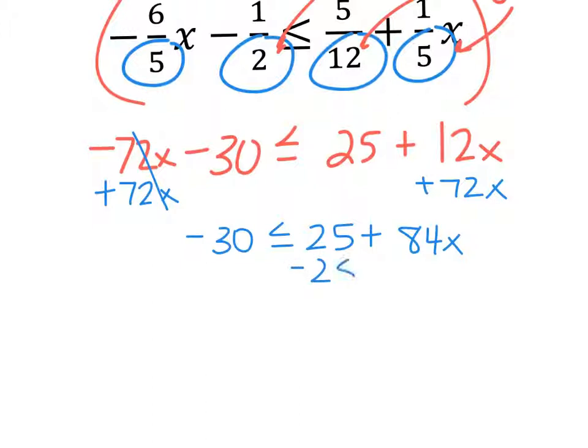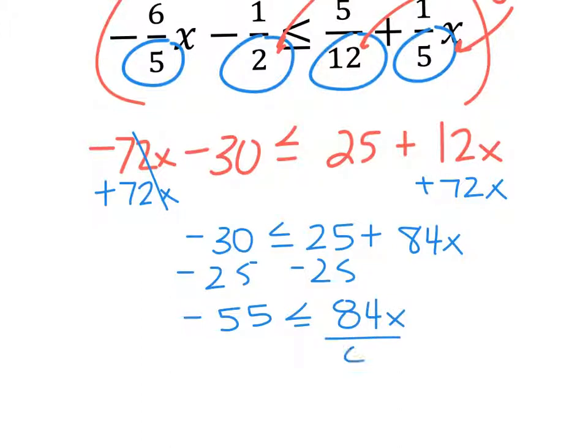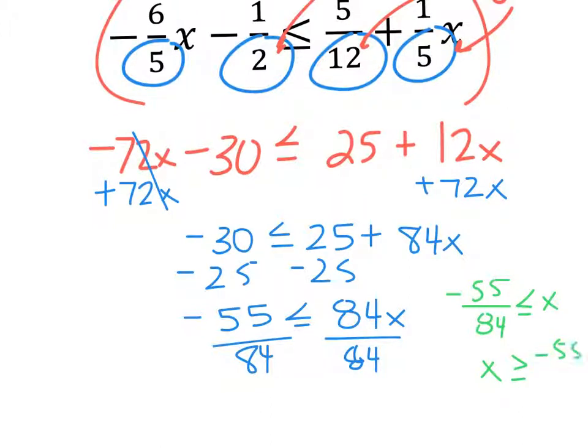So I subtract 25, so negative 55 is less than or equal to 84x, and then divide both sides by 84. So I have negative 55/84 is less than or equal to x. And I can rewrite that as x is greater than or equal to negative 55/84.